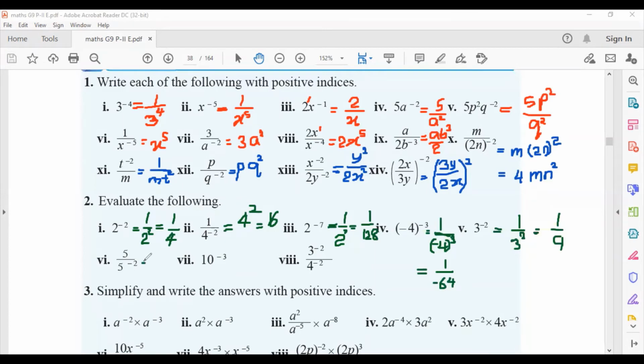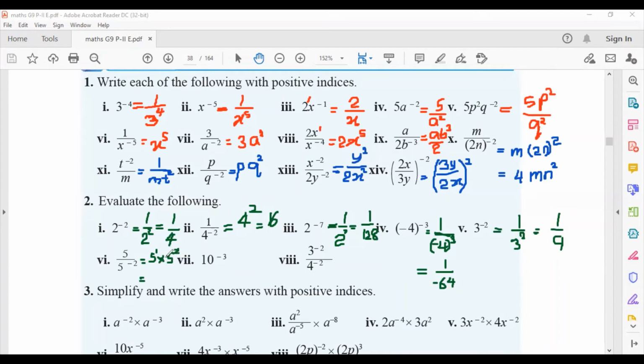Let's do the sixth question. 5 times, you should take this negative power to the positive, taking it into the numerator, then it becomes 5 to the power 2. Then this is 1, just 5 is 5 to the power 1.